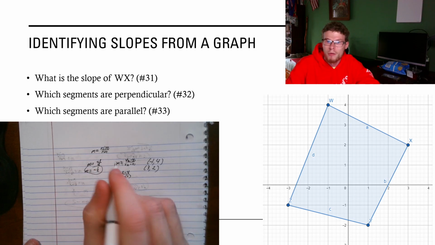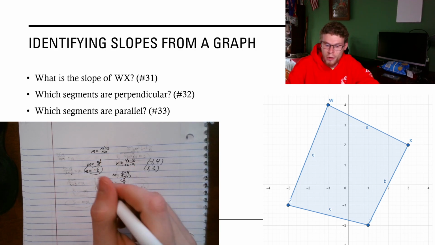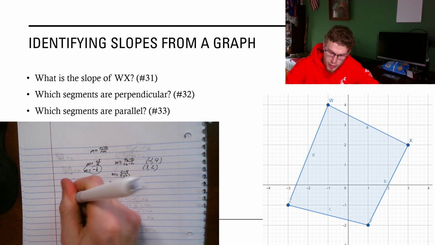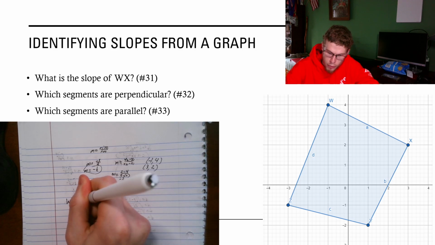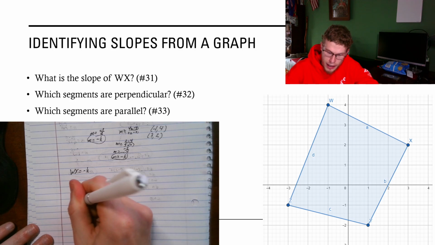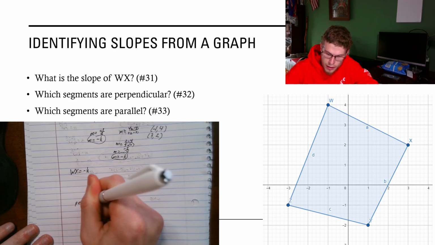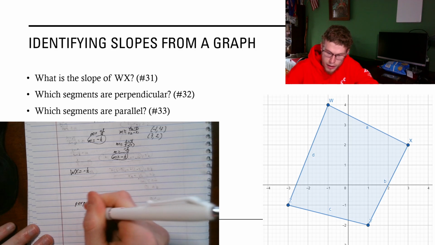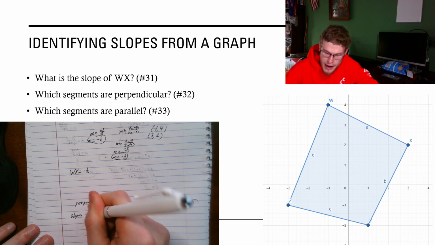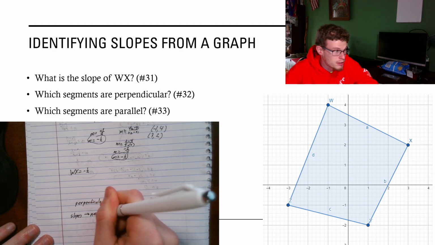All right. Which segments are perpendicular? Now, in order to figure this out, we actually have to determine the slopes of all the other ones. So I know that the slope of WX is equal to negative 1/2. Okay? Remember that perpendicular lines have slopes that are negative reciprocals.